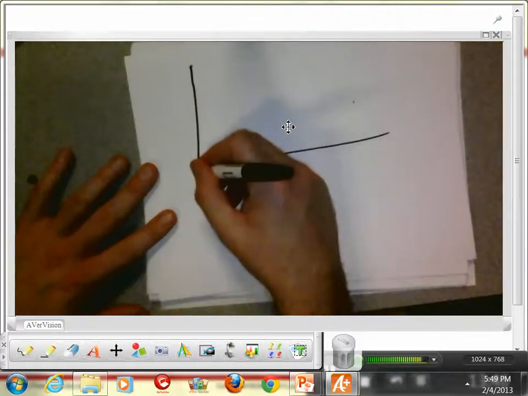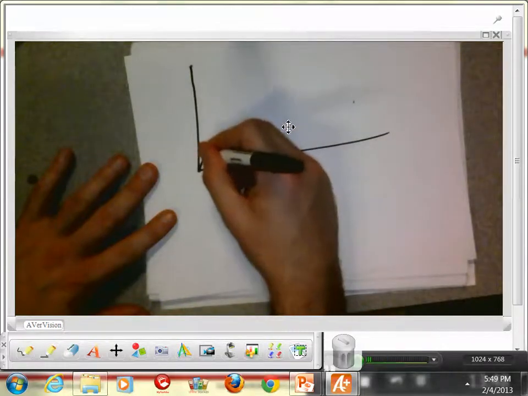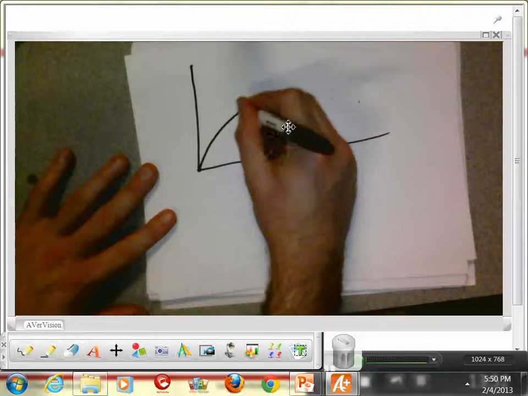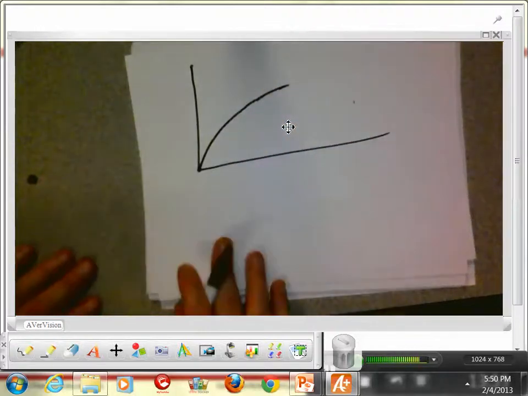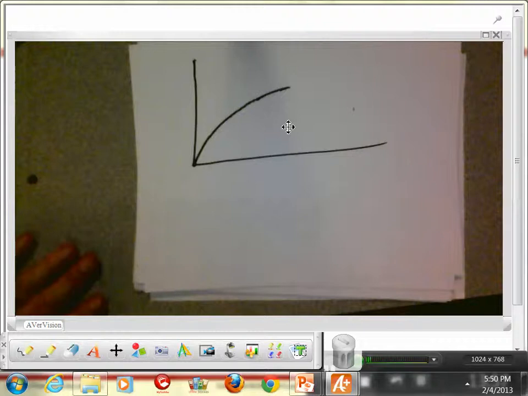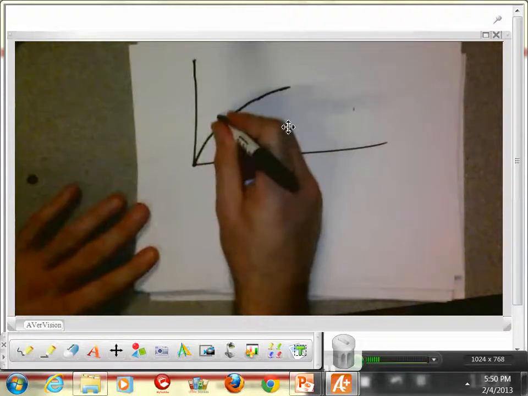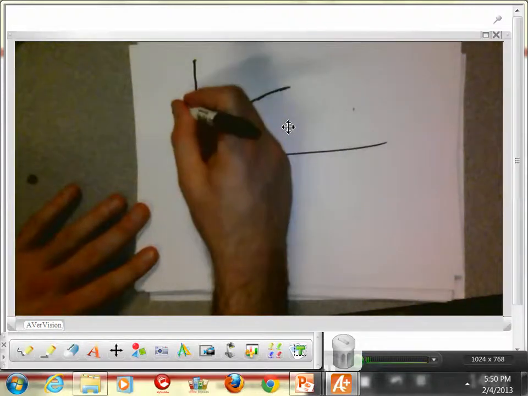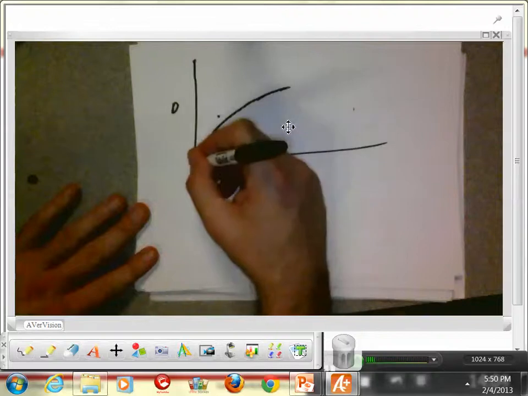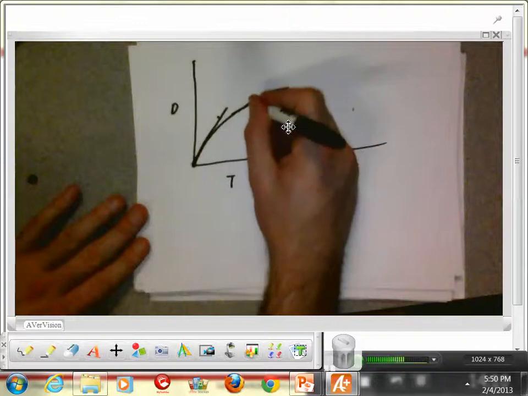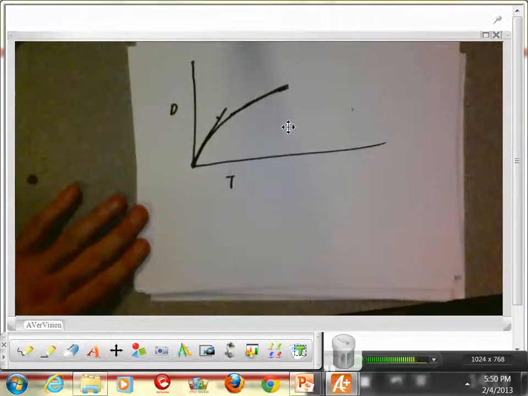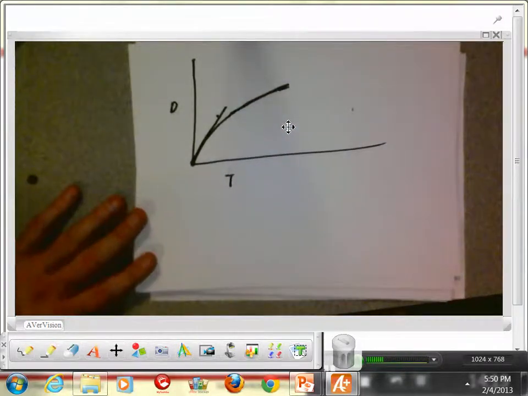Now, if we have a function that looks like this, all right, and you can think of this as a decelerating vehicle, right? Because if this is distance and this is time, the steeper the tangent line, that's the velocity, first derivative, the faster it's going. But you can see the tangent lines are getting less steep as we continue. They start out very steep and they're slowing down.